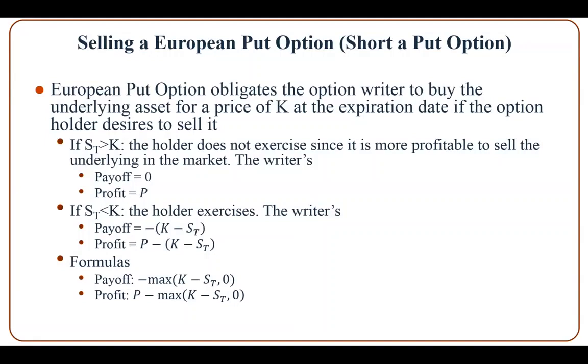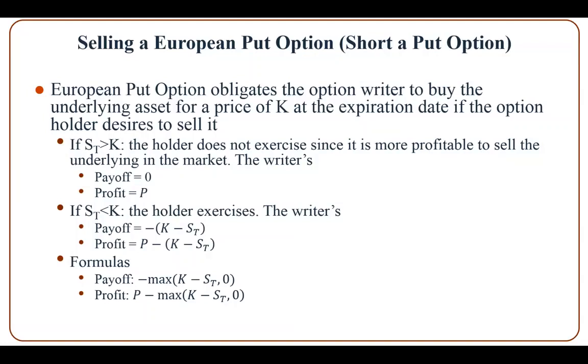If the asset price at maturity is greater than the strike price K, the holder does not exercise because it's more profitable to sell the underlying in the market, and the writer's payoff is 0, and the profit is P. If the underlying asset price at time T is less than the strike price K, the holder exercises, and the writer's payoff is negative (K minus ST), and profit is P minus (K minus ST).